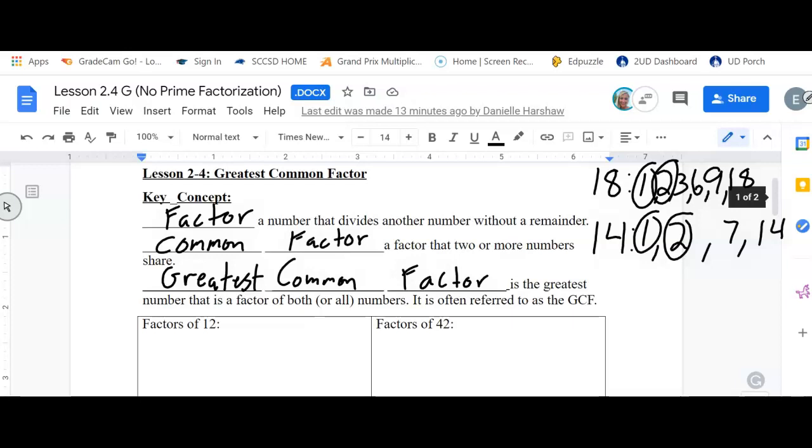What is the greatest common factor? Elian. 2. So the greatest common factor of 18 and 14 is 2. The greatest number of the common factors. Okay. We good with that? Let's look at another one.